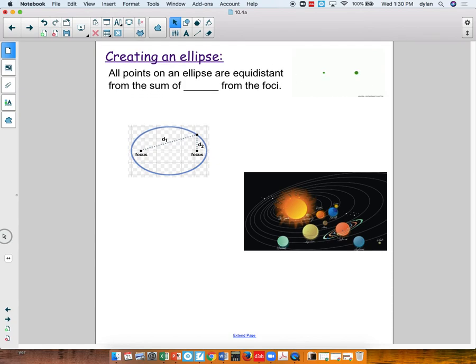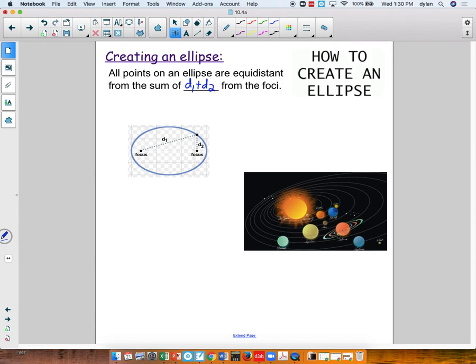So in other words, we have d1 plus d2. The sum of the two distances from the two foci creates the distance to any point on the ellipse. As a point gets closer to one focus, by definition, it gets further from the other so that the sum remains the same. So that's how you create an ellipse.